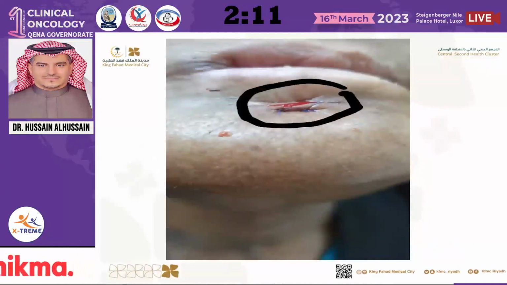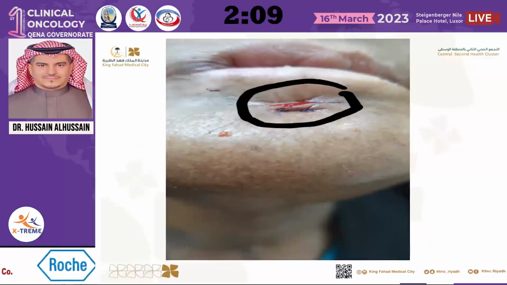This is a photo that's being shown after the MRI assessment.